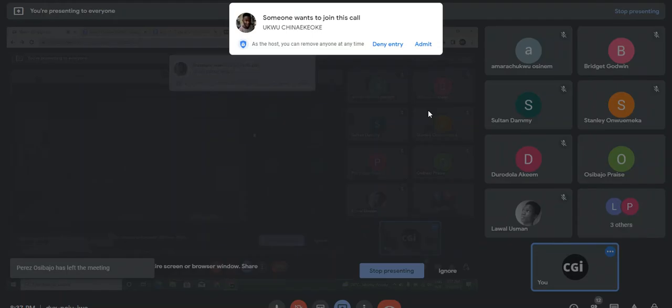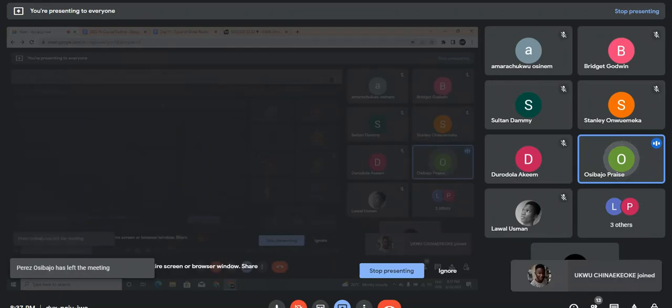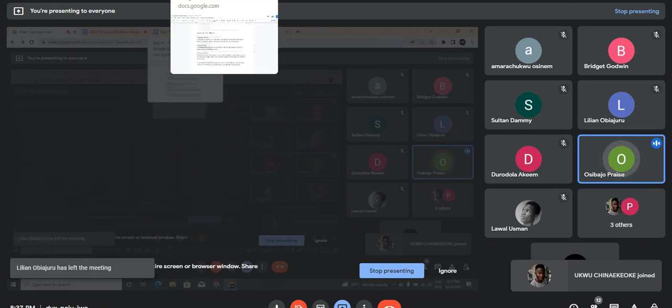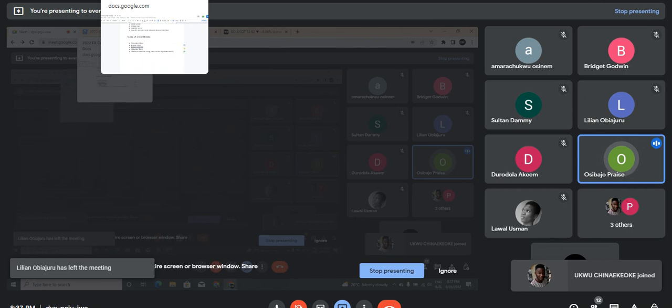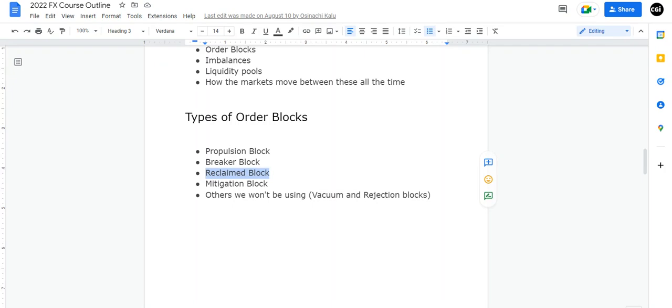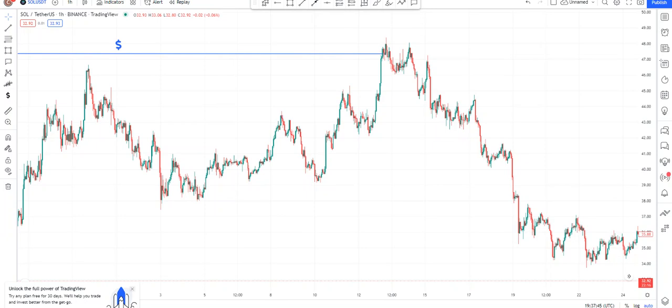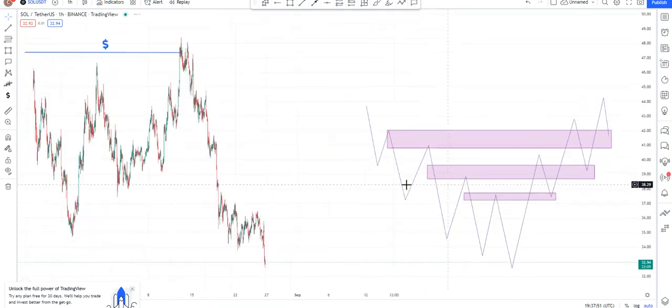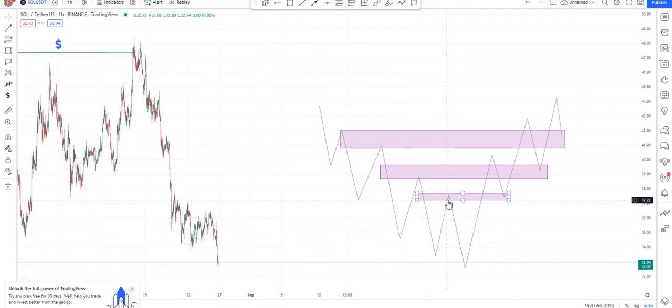Sorry, boss. What's the difference between a breaker block and a reclaimed block? Because it looks like they kind of offer similar opportunities. Yeah, they offer similar opportunities, but a breaker block happens just where we have a liquidity run. A reclaim block, on the other hand, is different.